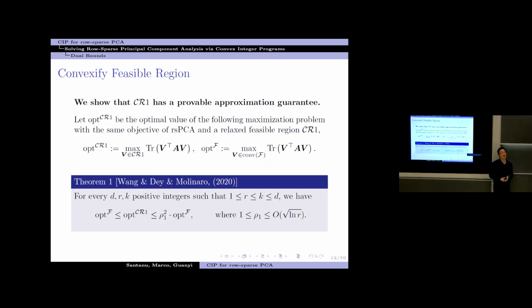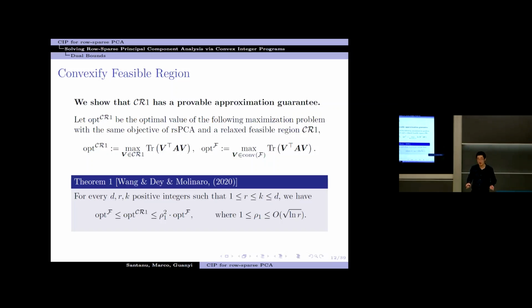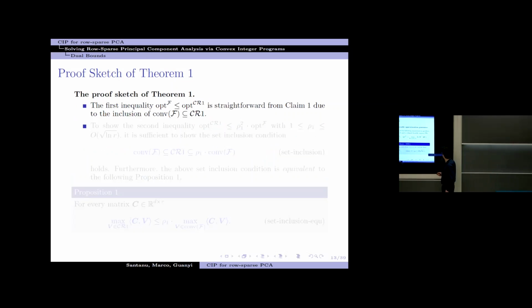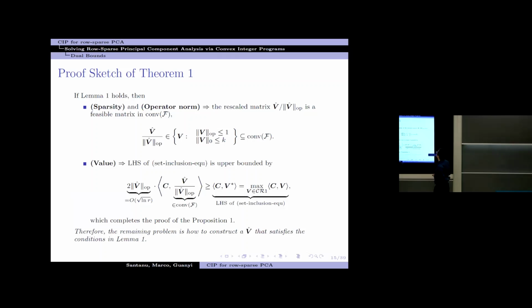This is one of the main theoretical results of this work. Due to the time limit, I will not go into the technical details of how to prove this. The only thing you need to know is that the convex set we obtained has some theoretical guarantees relative to the original convex hull. Okay, so I will skip these slides.